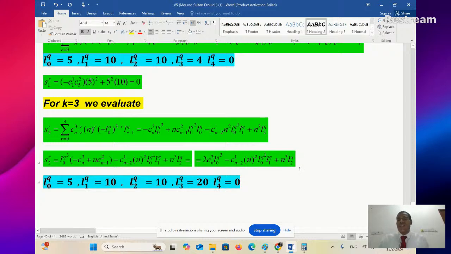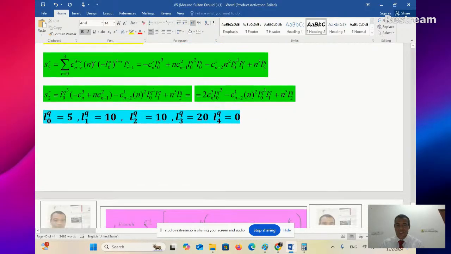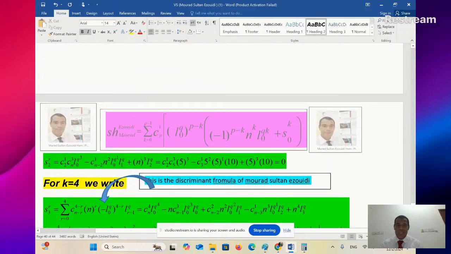Therefore, you can see that L0 is 5, L1 is 10, L2 is 10, and L3 is 20, and L4 is going to be 0. You just make substitution of values, and use the calculator, you will figure out that the value of S2 is going to be equal to, in fact, 2 and L, okay?